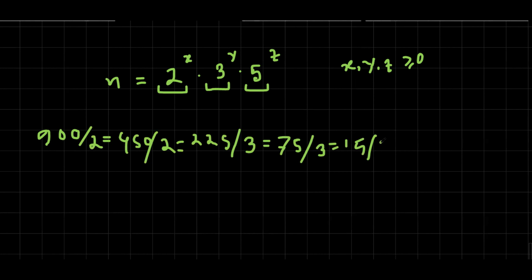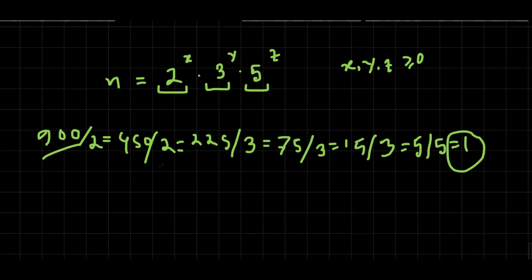And 15 divided by 3 will be 5. Now, 5 cannot be divided by 3 anymore, so we have to divide it by 5. So 5 divided by 5 will be 1. So here we can see that after repetitively dividing the number using 2, 3, and 5, finally the number becomes 1. So here we can say that 900 is an ugly number.